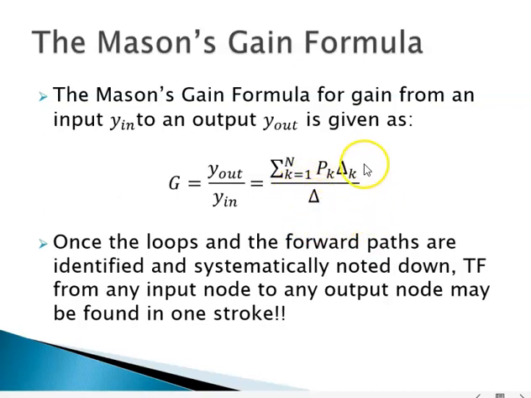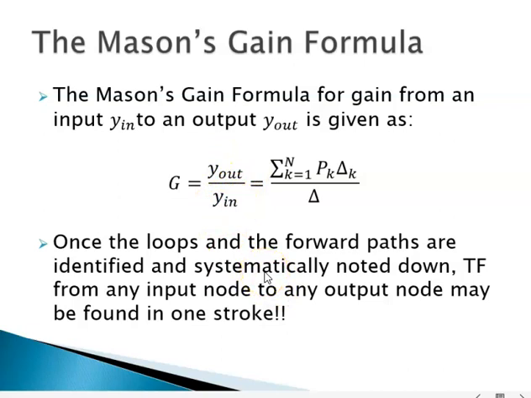And once you identify the forward paths and their gains, Pk is found. Remove from delta the paths touching the first forward path, second forward path, and so on. You can find delta 1, delta 2, delta 3, and so on. You can plug it in here to find the gain from the output node to the input node.